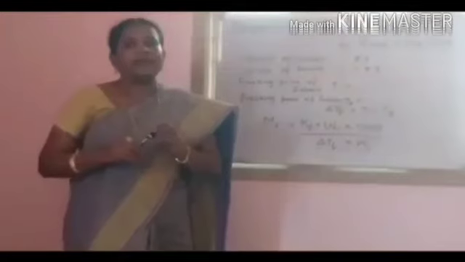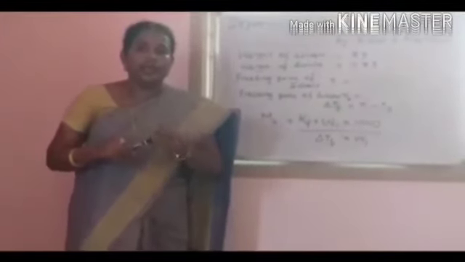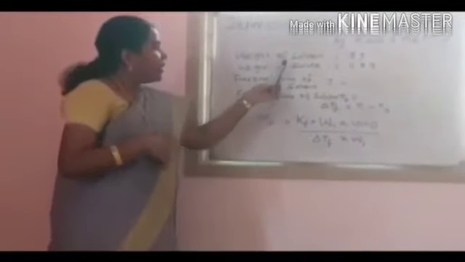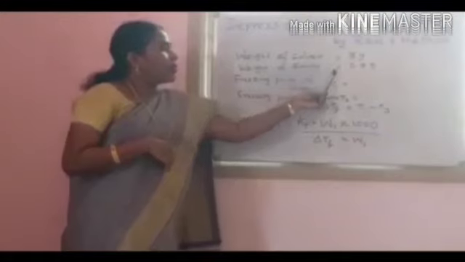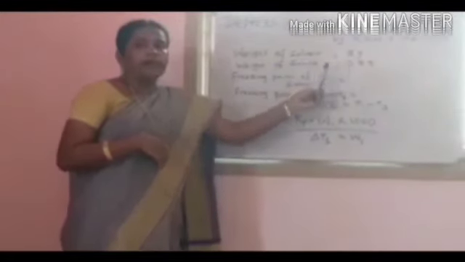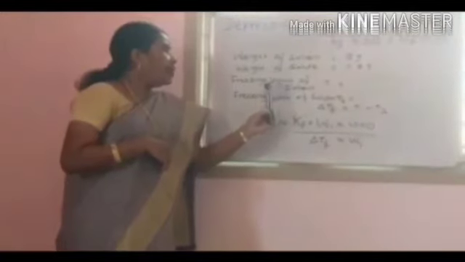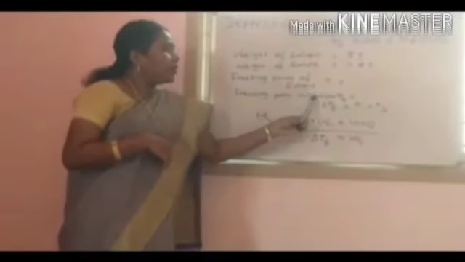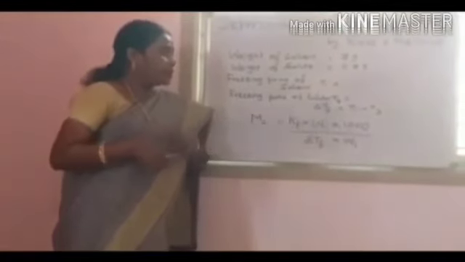Let us calculate the molecular weight of the unknown solute. In the second assembly, the weight of solvent taken is 3 gram and the weight of solute is 0.3 gram. The freezing point of the solvent we read already. The freezing point of the solution, T3, we now read from the experiment.